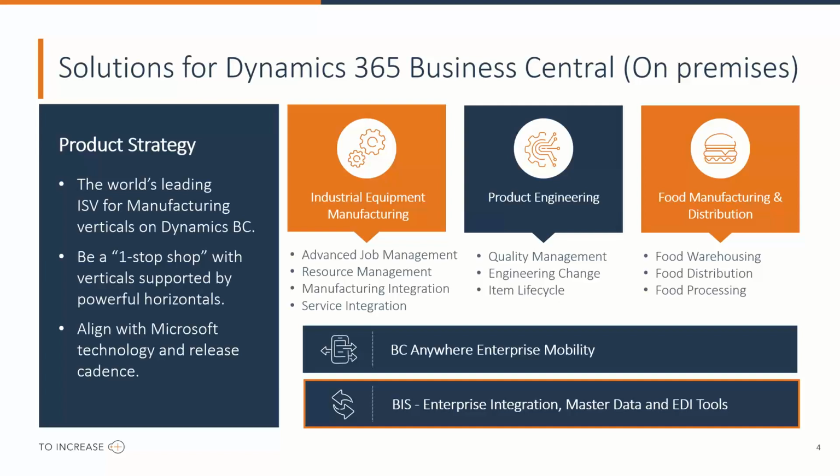We market that separately because it's not dependent on IAM, but can work in basically any Business Central implementation. Food manufacturing has its own quality module, so product engineering is specifically supporting industrial equipment manufacturing.